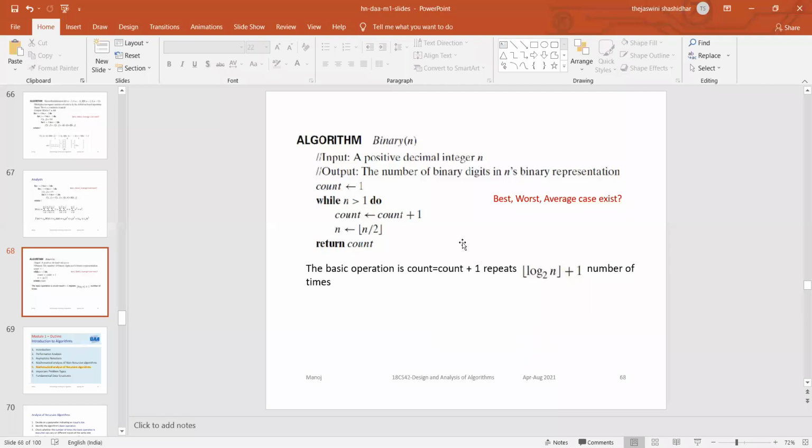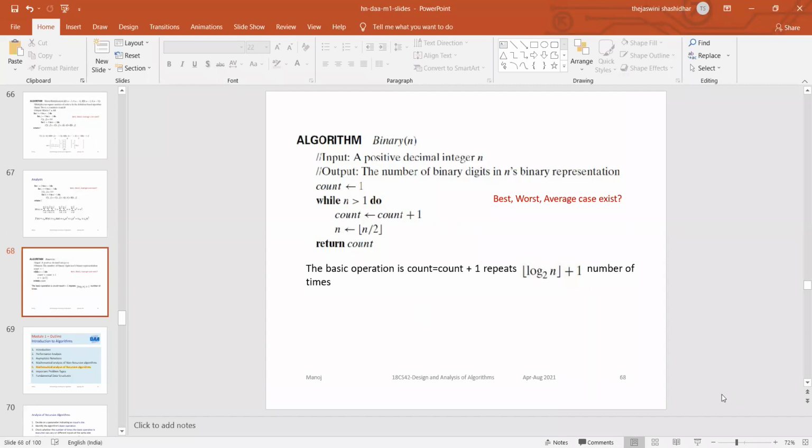You can take it here. Remember, in most cases you will get a for loop, but in very rare cases you will get a while loop like this. The while loop also comes only for binary, only for this particular part.